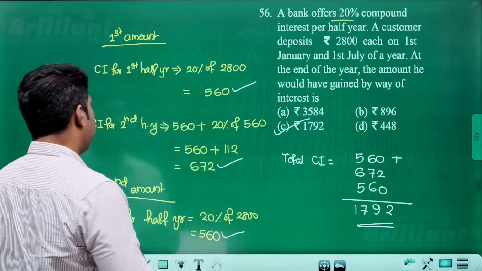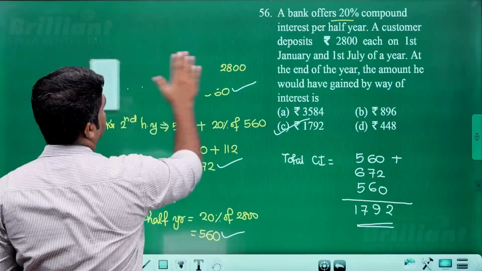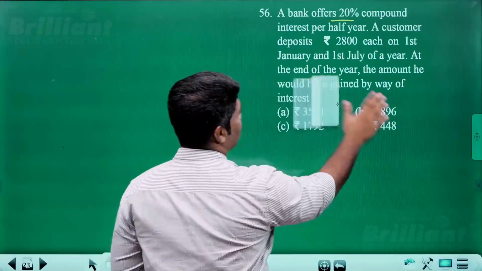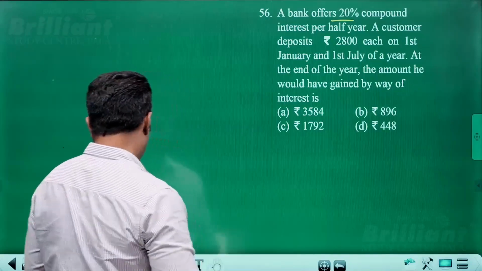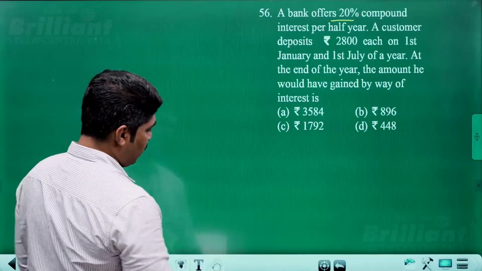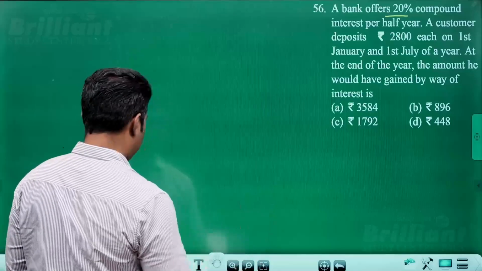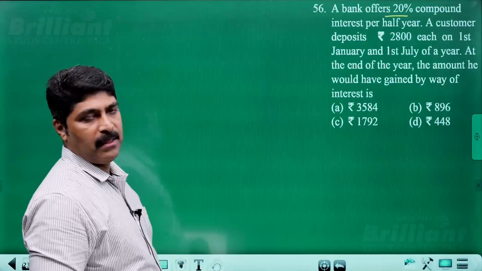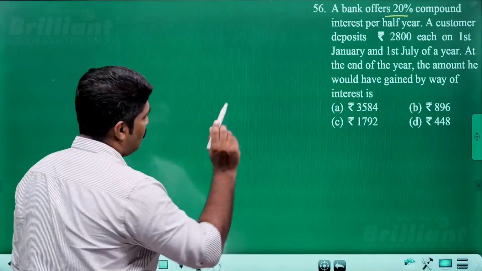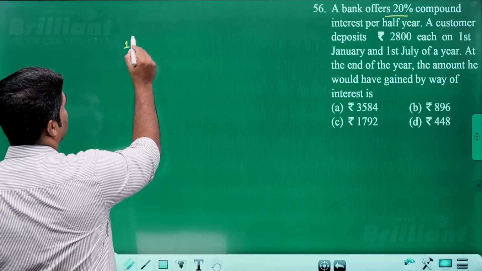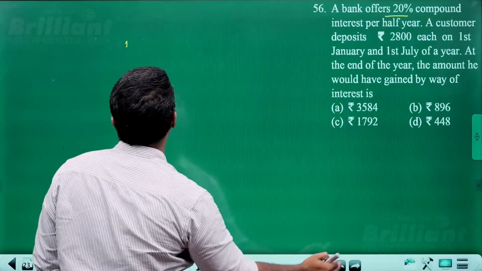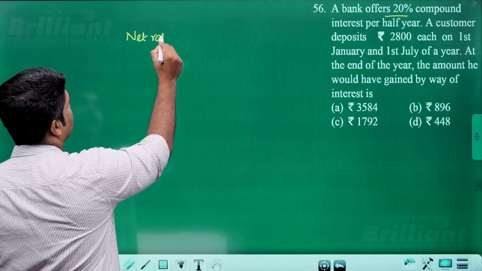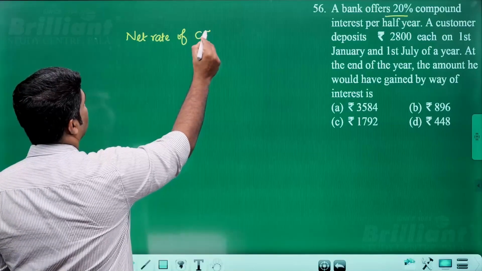This is one method. And if you are constrained, another method, the percentage-wise approach, is also possible. Here we have to consider the net rate of interest. Correct. Here the amount deposited on January 1st we can consider the first deposit. So we are going to find out the net rate of compound interest.